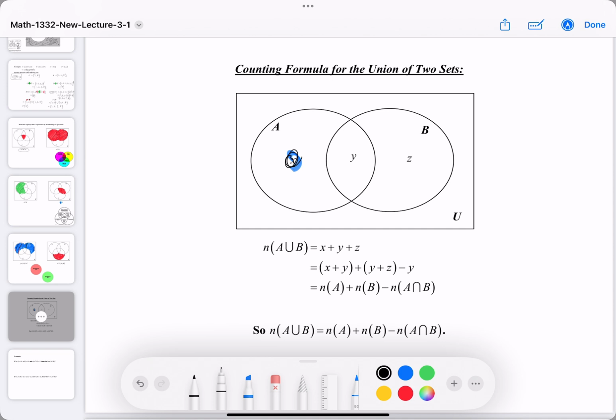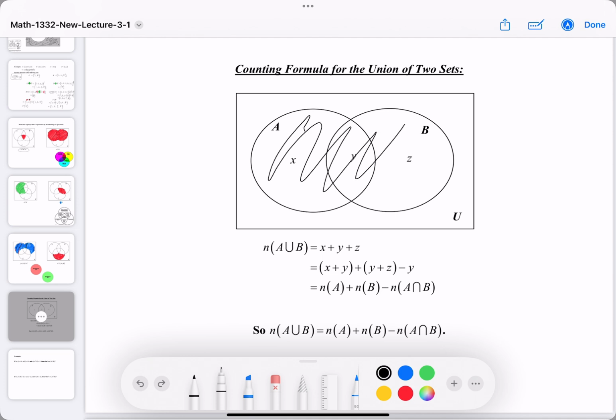We have x elements here, y elements in the intersection, or we say A and B, and z elements in the rest part of B. So if I'm looking for the cardinality, how many elements of A union B?